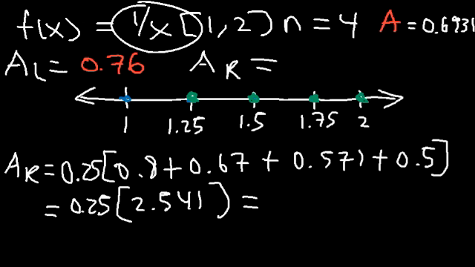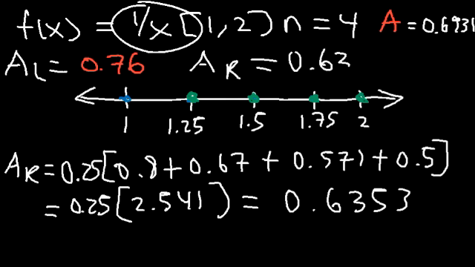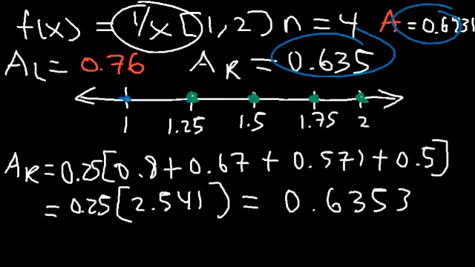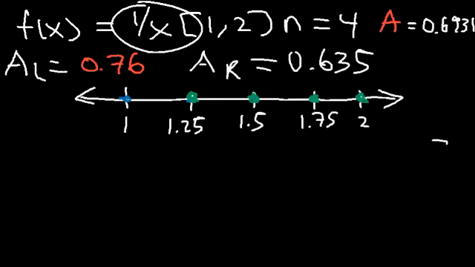So 0.25 times 2.541 is 0.6353, or 0.635. So this answer is not too far away from the actual answer, but it is an under approximation. Now let's average the area calculated from the left endpoint and from the right endpoint.